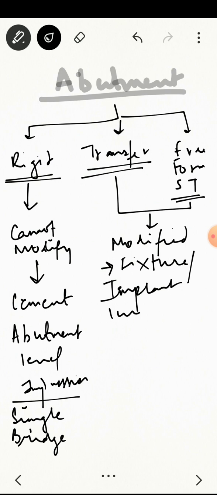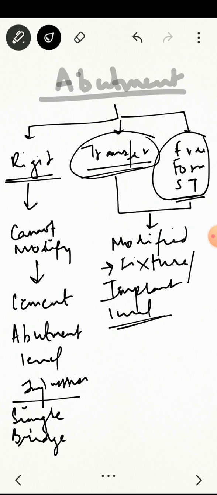Once you order the transfer abutment or the free-form abutment from the implant company, you don't have to place the abutment onto the implant directly. First of all, you have to remove the healing abutment from the implant.